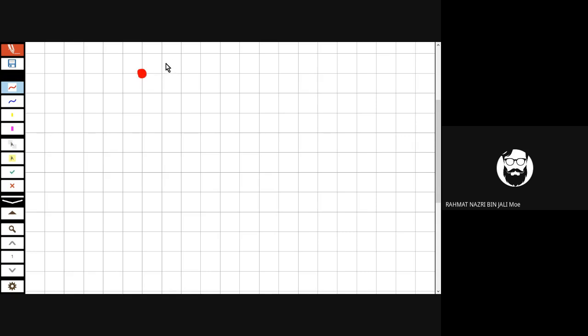Apabila B, image is given x prime, y prime. Coordinate of image is given, tetapi koordinat untuk objek tidak diberi. Ini untuk kes macam ini, kita perlu guna formula lain lah.